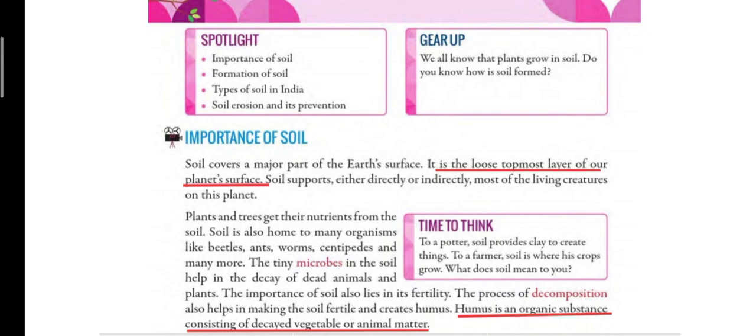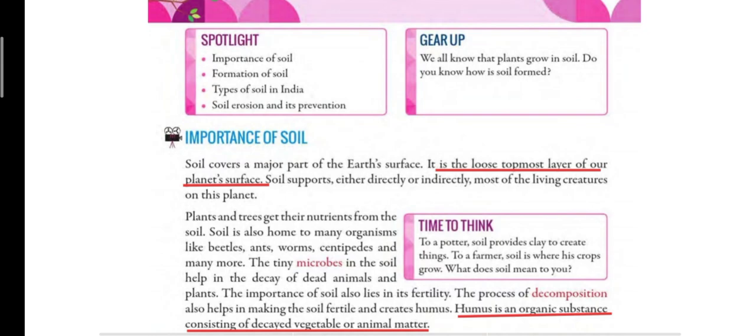Soil covers a major part of the Earth's surface. It is the loose topmost layer of the planet's surface. Soil supports, either directly or indirectly, most of the living creatures on this planet. So children, as you all know, plants grow in the soil.